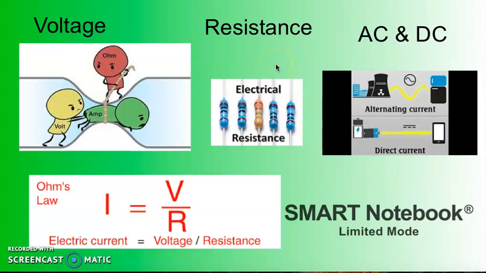Now, the resistance is measured in ohms, and you can see ohms. OHM is right here, OHM is right here. So let's explain this diagram here. I have heard that this diagram explains electricity fully. You have amps, which is the current. The current is what flows through the electrical wire.